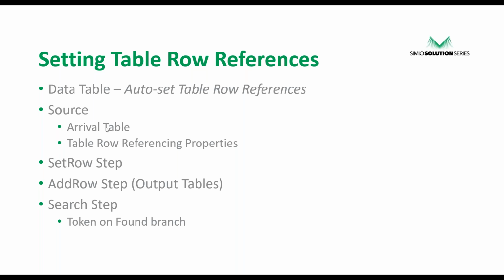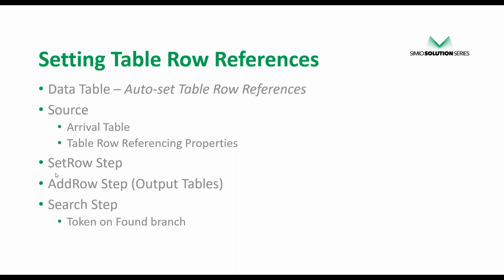So if your source is creating entities from an arrival table, the source will know the time of the arrival, and the entity will also remember that row of its arrival time. There's also a property group on the source for table row referencing, so you could assign the entities row references as they are created or before they're created.